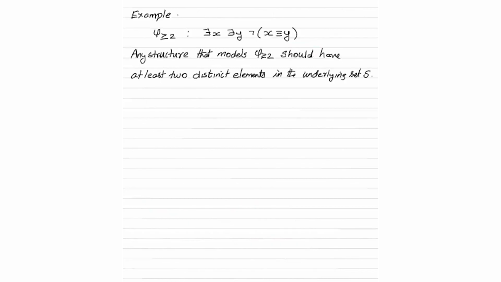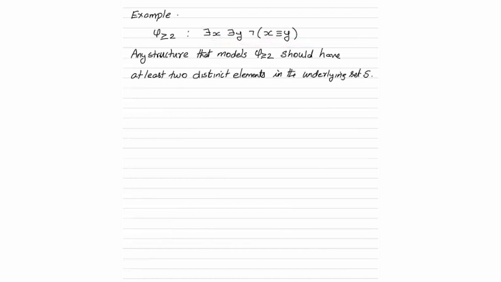Just a couple more examples, hopefully to make it clear. Suppose I have a formula of this form. This is an existential quantifier. It says that there is an element. So there exists x, there exists y, such that x and y are not the same. That's what this statement says.